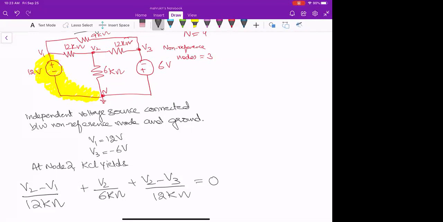Can you just explain again why we can say that V1 is equal to 12 and V3 is equal to -6? Yes.